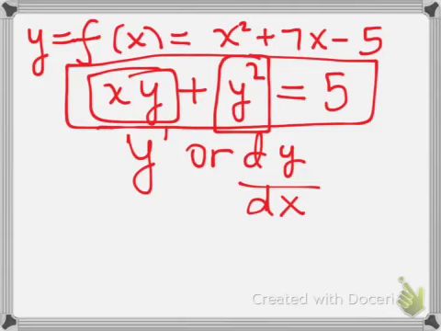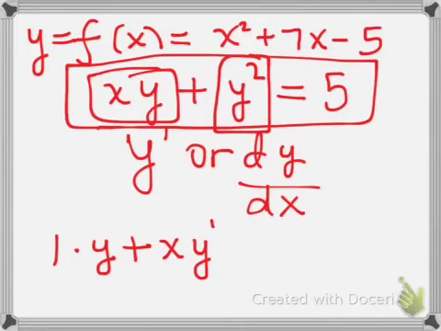Applying the product rule, what's the derivative of x? It's 1 times y as it is, plus x as it is times the derivative of y, which is y prime, or dy by dx. So this is the derivative of xy.